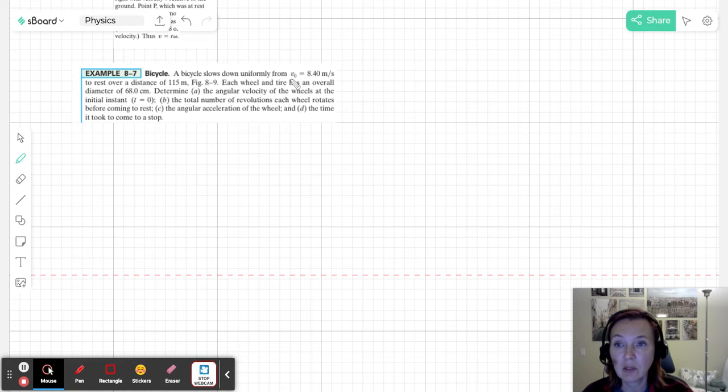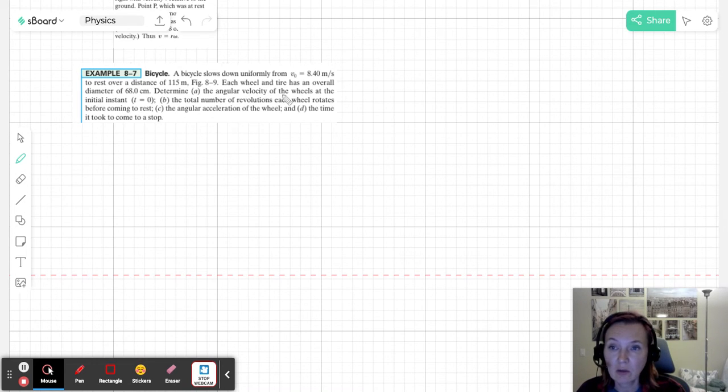It slows down uniformly, which means the acceleration is not zero, it is constant. Our initial velocity is 8.4 meters per second. It takes the bicycle 115 meters to get to rest, and each wheel has a diameter of 68 centimeters.